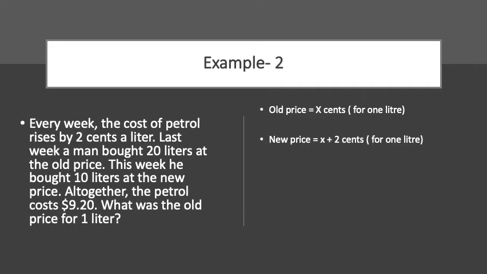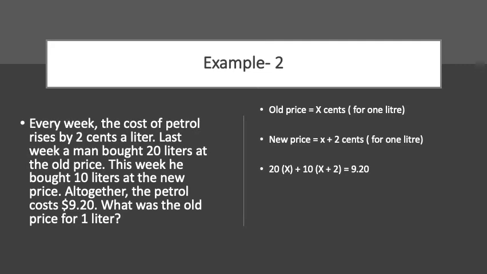We can write an equation for this, which gives us 20 times x plus 10 times (x plus 2), which is equal to $9.20. This looks easier to solve now, but first, let's convert $9.20 to cents so all the units are the same. That will give us 920 cents.